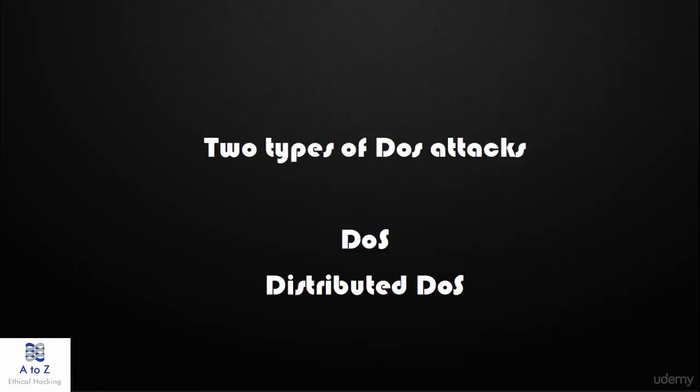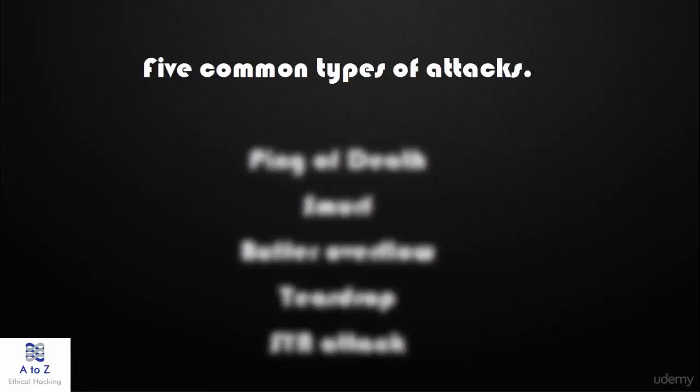Let's see how DOS attacks works. We'll look at 5 common types of attacks. The first one is ping of death. The ping command is usually used to test availability of a network resource. It works by sending small data packets to the network resource.